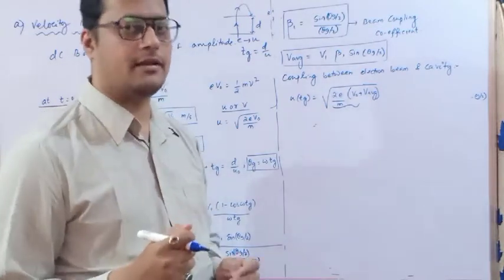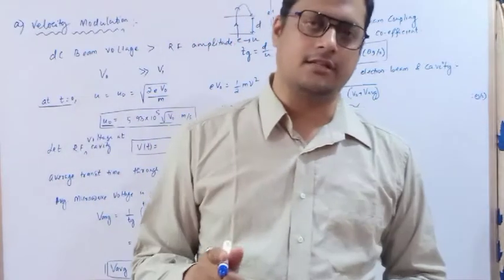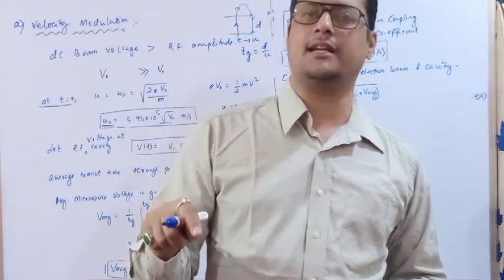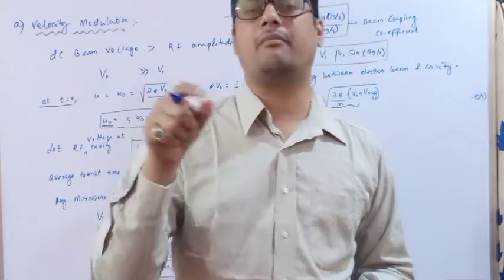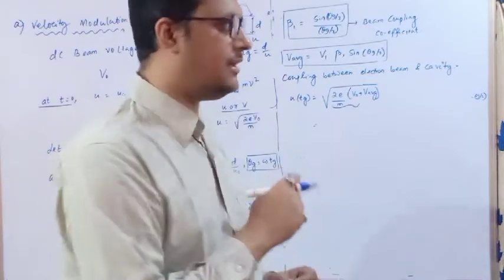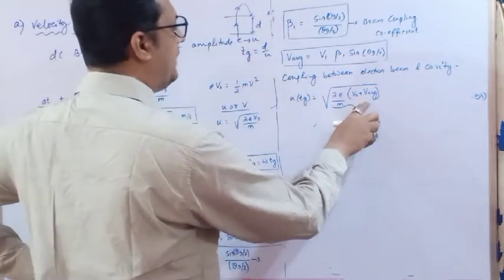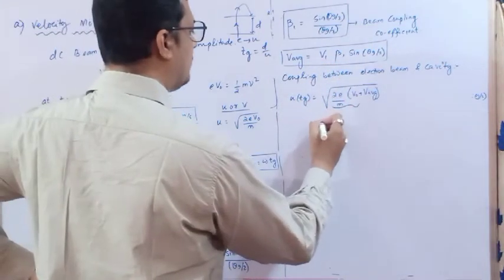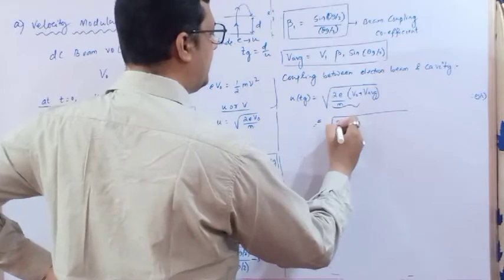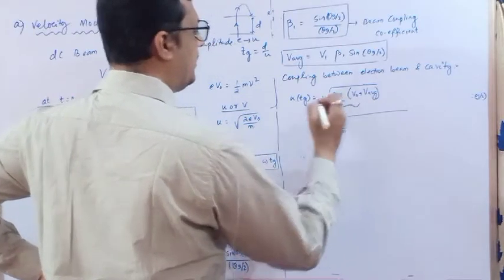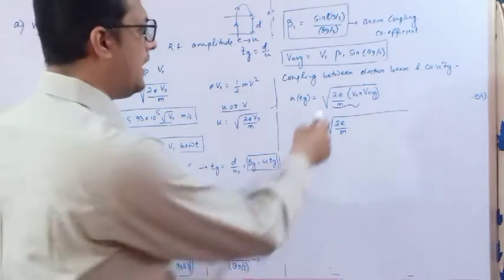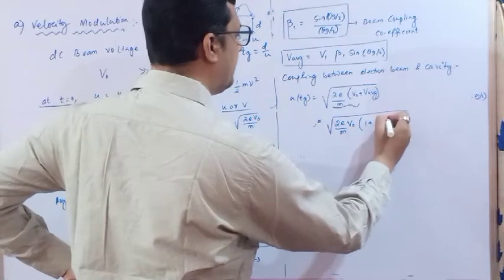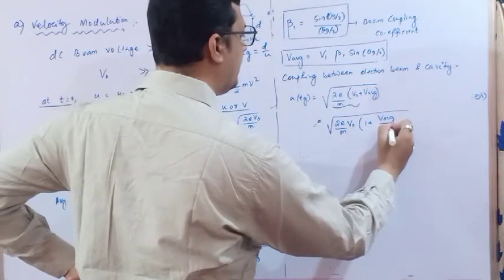And one more important thing, if we are discussing modulation, we have a modulation index also. That modulation index will govern which type of modulation takes place. So in place of V average, I will substitute V1 beta 1 sine theta g by 2. Step by step, it is a very easy one. Let's see. 2e by m, take V naught as common, whole into 1 plus V average divided by V naught.